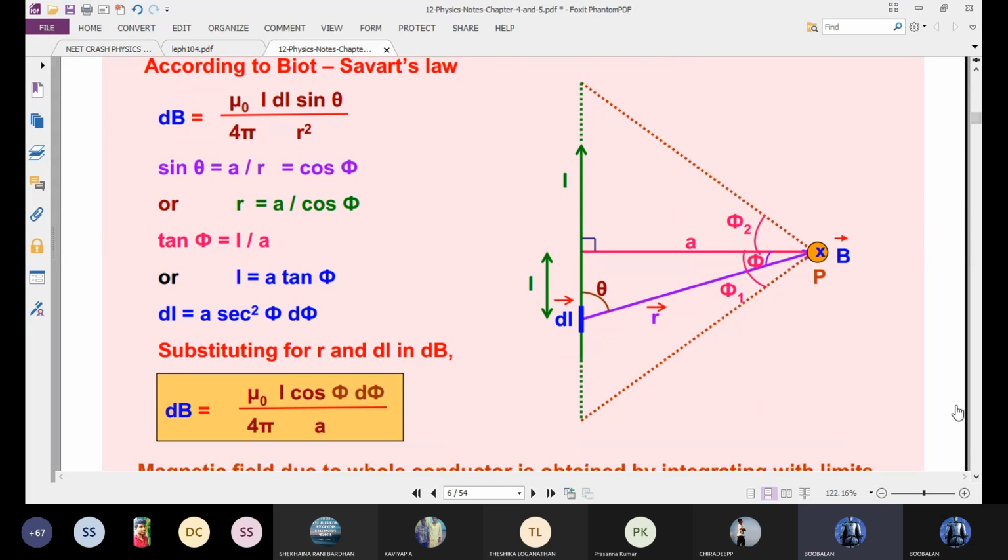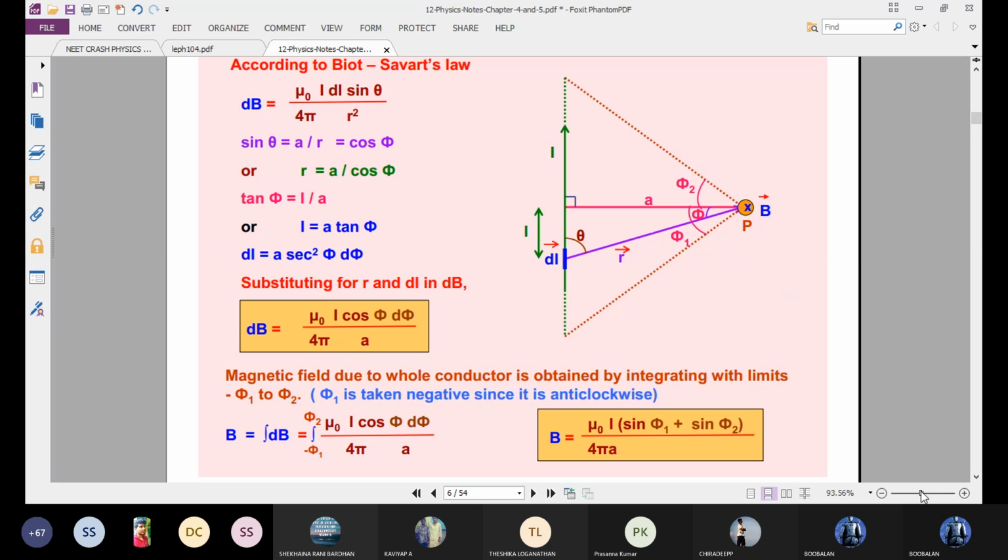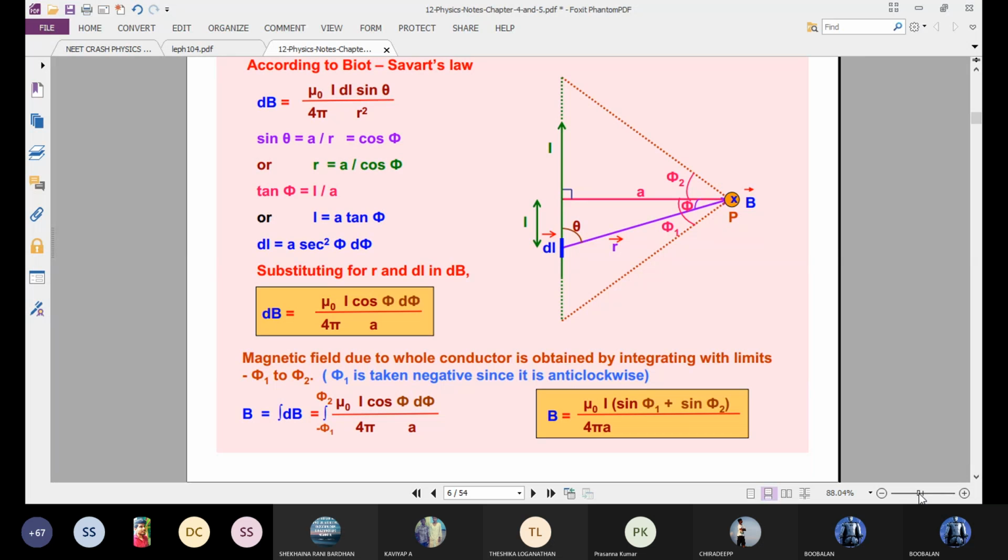Refer to the diagram alone. You can write directly also, ma. That dl value is a secant squared pi d pi.